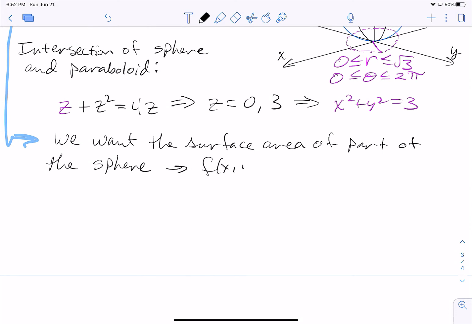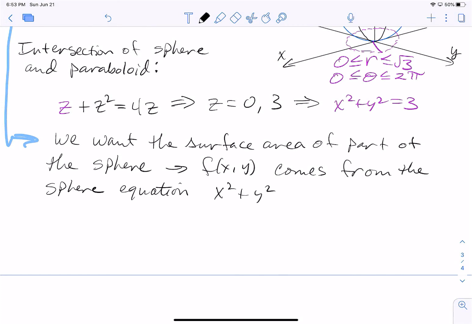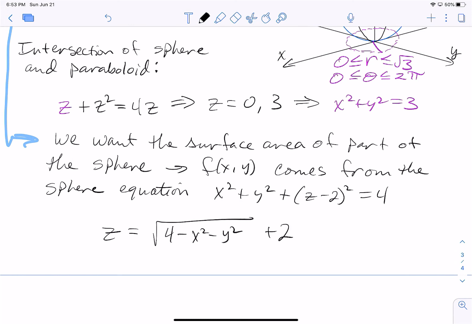Therefore, f of x, y comes from the sphere equation, which we have at this point as x squared plus y squared plus the quantity z minus 2 squared is equal to 4. Solving this for z is going to give us that z is equal to the square root of 4 minus x squared minus y squared, that square root plus 2, and we're going to say that that is equal to f of x, y.